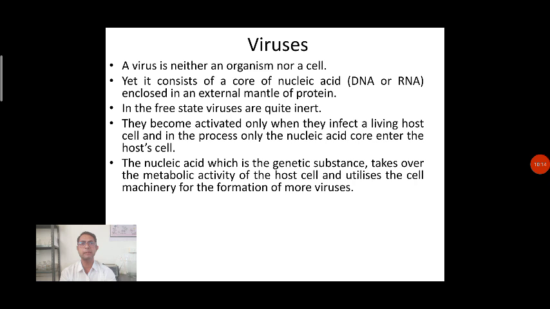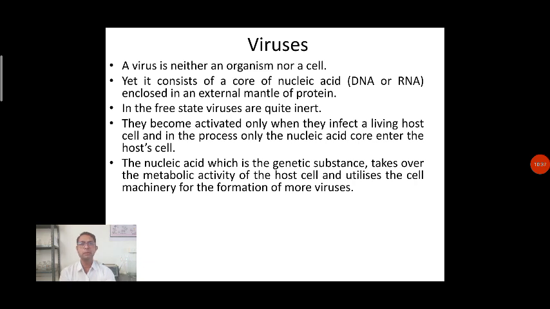The nucleic acid, which is the genetic substance, takes over the metabolic activity of the host cell and utilizes its cell machinery for the formation of more viruses. So they utilize the living cell for their reproduction and growth, and they increase their number within the living cell.